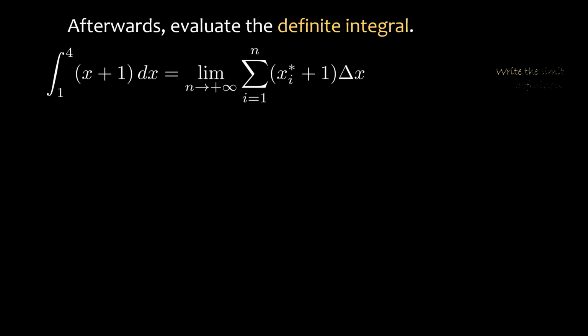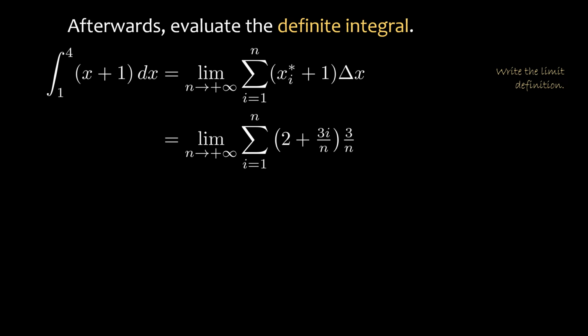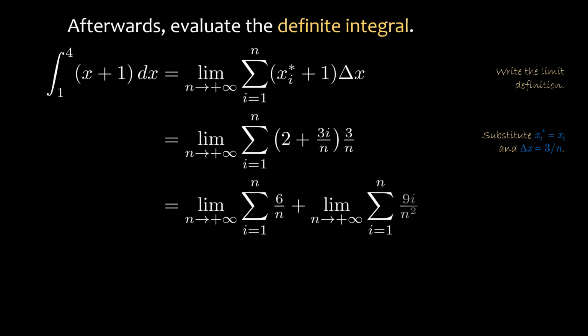Write the integrals in terms of the limit definition. Substitute the right endpoint as the sample point and delta x equals 3 over n. Distribute the constant and the summation.